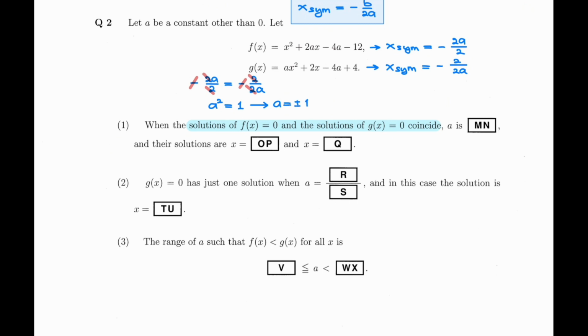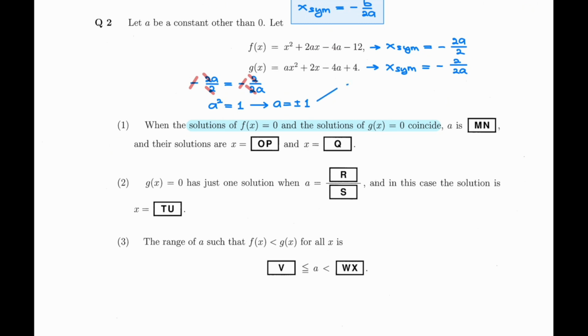Don't forget, if you want to get rid the square here, we will square root the other side, but don't forget to put plus minus sign. So in this case, I have two possibilities for a.